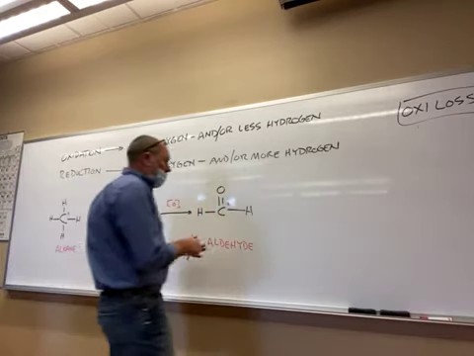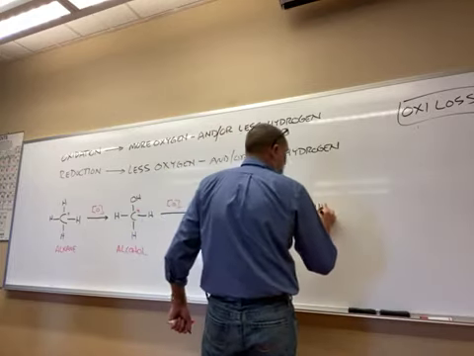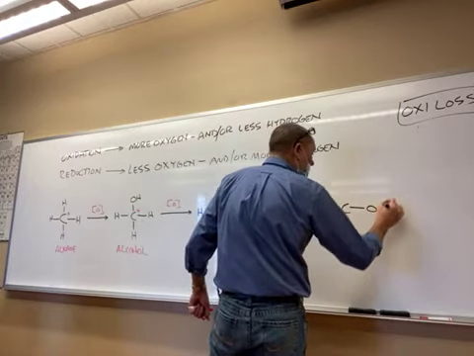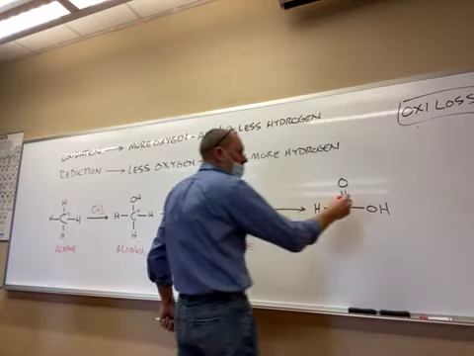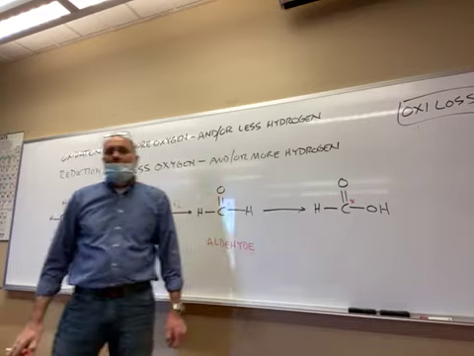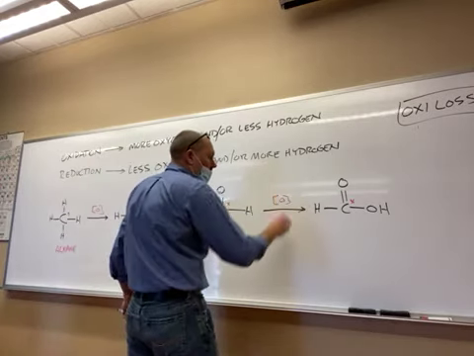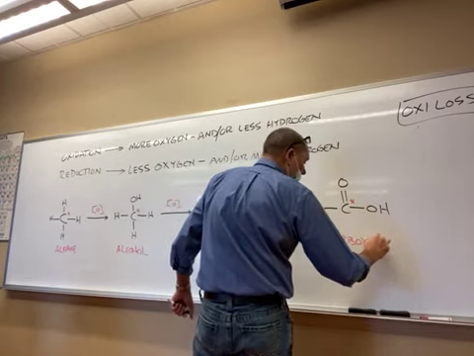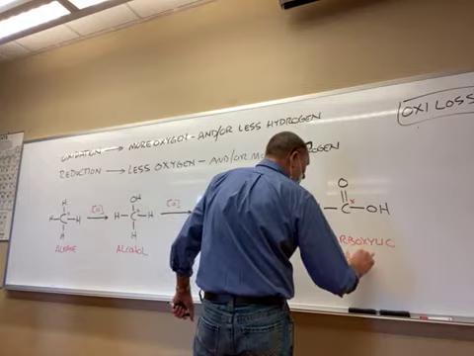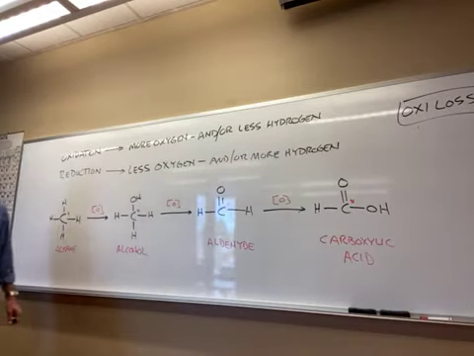If I take this carbon and go to a carboxylic acid, what just happened to this carbon? It's an oxidation step. And this is a carboxylic acid. That's another functional group. Pretty interesting.